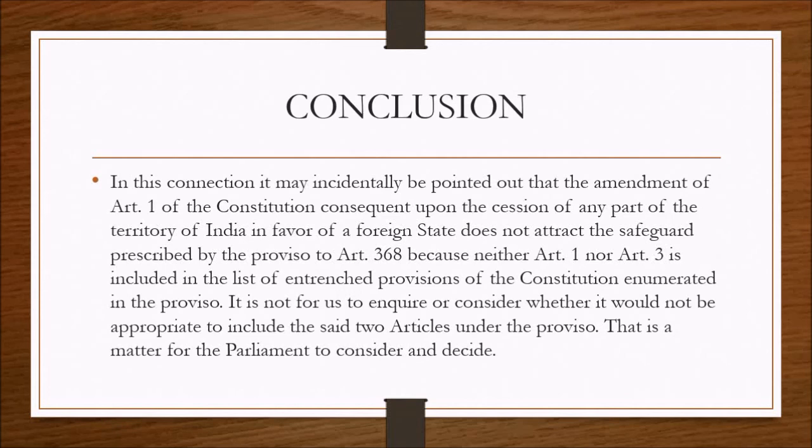It is not for us to inquire or consider whether it would be appropriate to include the two articles under the proviso. That is a matter for Parliament to consider and decide.